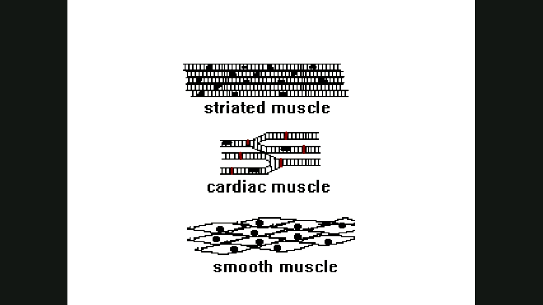So when you start peeing, for example, the muscle in your bladder is smooth muscle, and it will literally squeeze the pee out for you, and you don't have to do anything yourself, except basically get it started. When a woman has a baby, the uterus is smooth muscle. When she has contractions, the smooth muscle is trying to push the baby out, and she has no control over that.